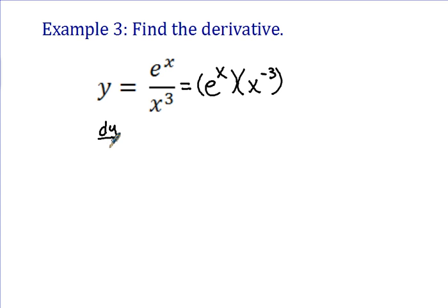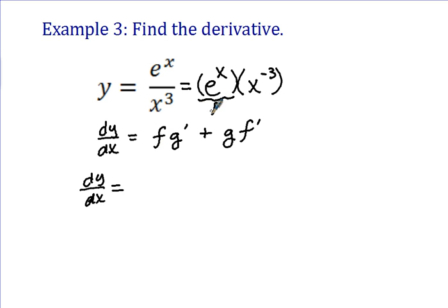I'm going to write the rule one more time to remind us. dy dx is going to be equal to f g prime plus g times f prime. In this case, my f is e to the x, my g is x to the negative 3. So f, e to the x, times g prime, so I need to do the derivative of g, which would be negative 3x to the negative 4.